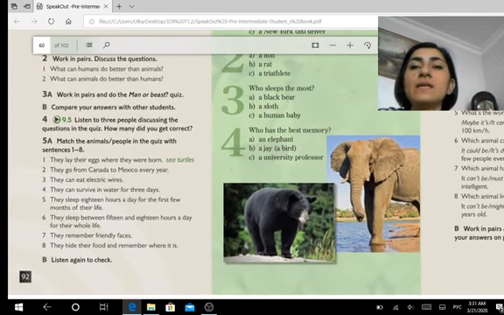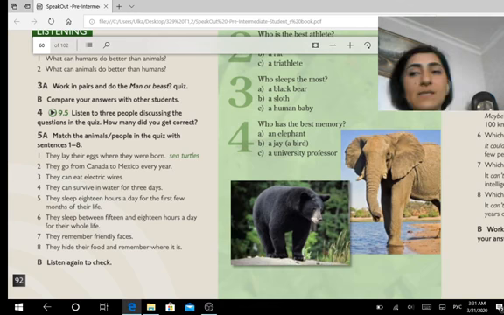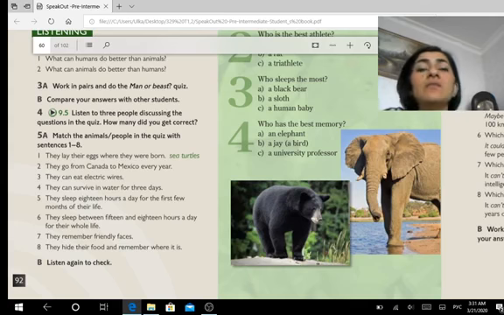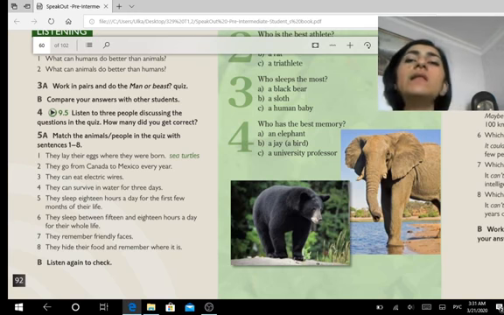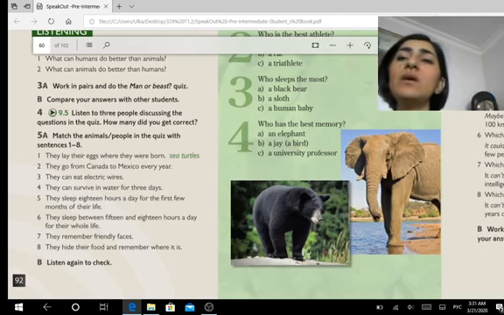In 5A, that's your last exercise. In 5A, again, you are recording the second time, but don't forget, before listening, you have to recap your sentences. For example, your first sentence is, they lay their eggs where they were born. Of course, when we say they, in this quiz, we talk about animals and humans.